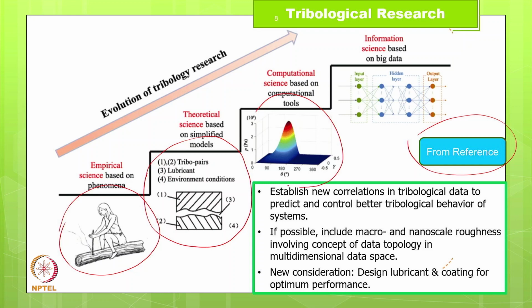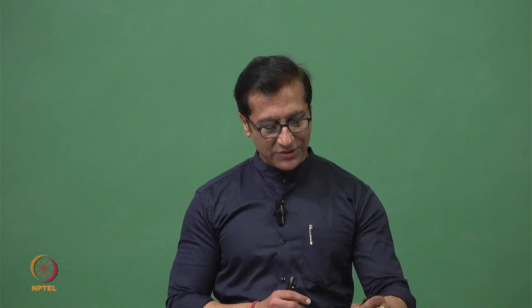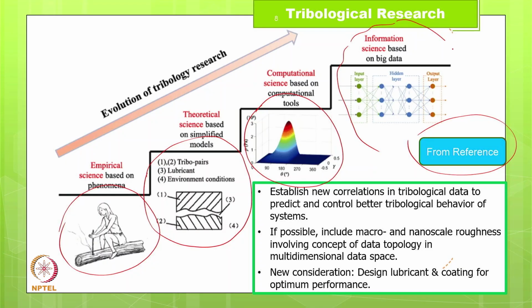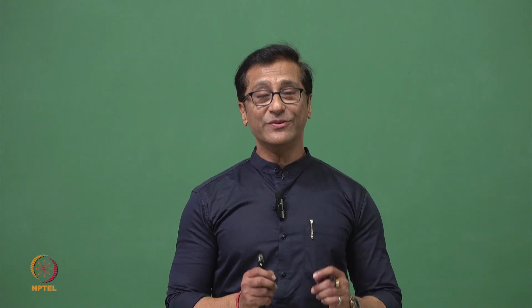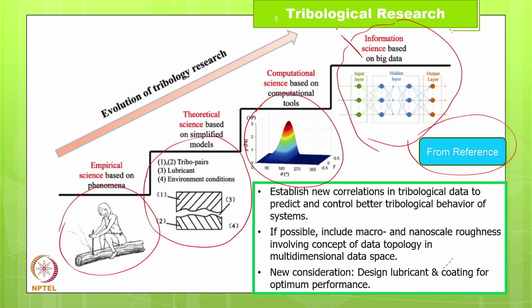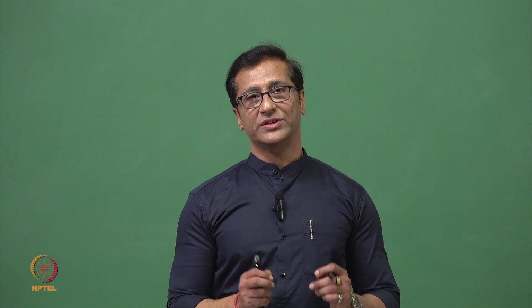After that, because of computers, we used sophisticated models, but again, partial differential equations, solving equations, giving some assumptions, and when one assumption changes, again you need to start from scratch. That was a drawback. Now this is where we are in the current domain. We are in the domain where AI and machine learning are going to influence, coming up with information science based on big data. That is the evolution of tribological research.